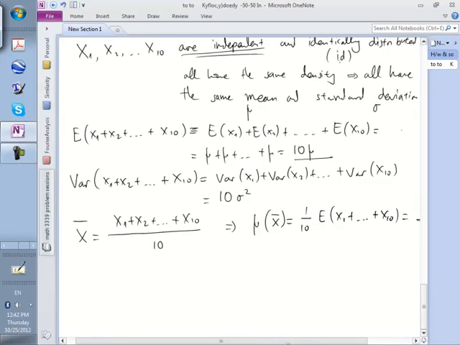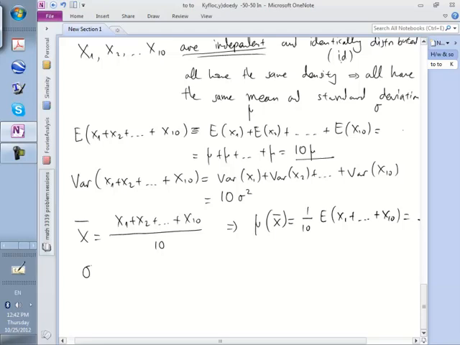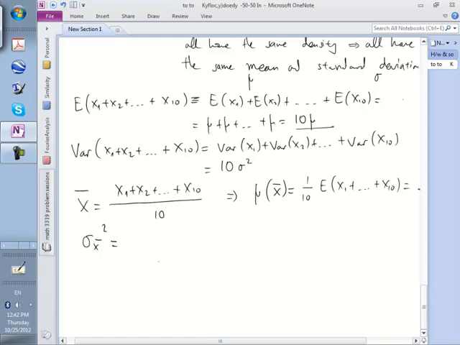What is the standard deviation of X bar? Let's do the variance of X bar. It's the variance of 1/10 times the sum.